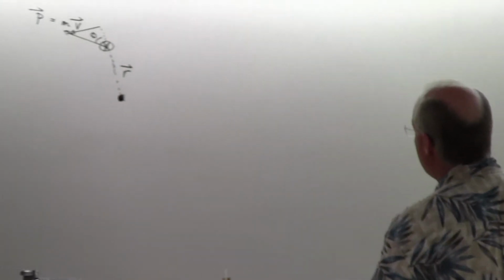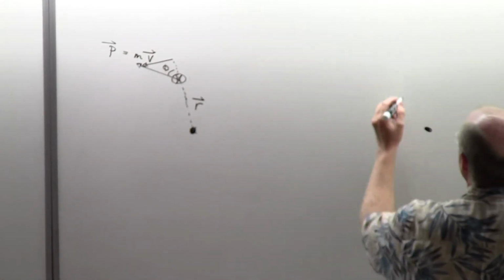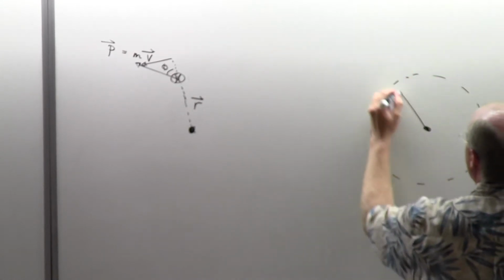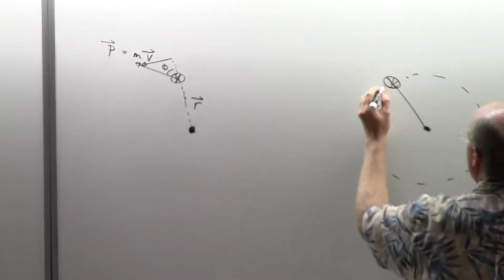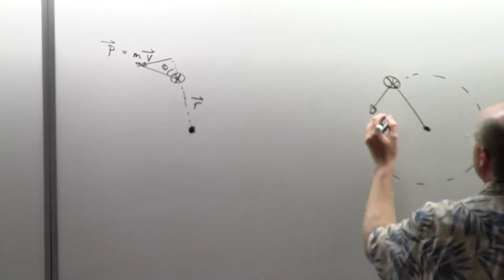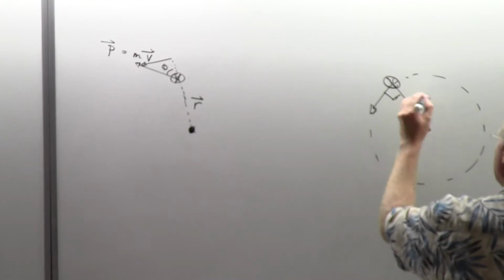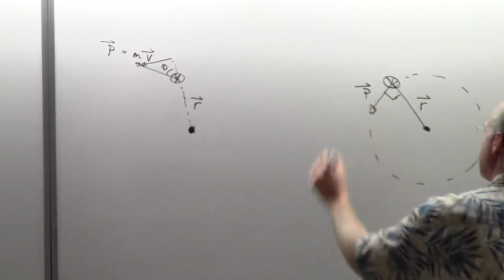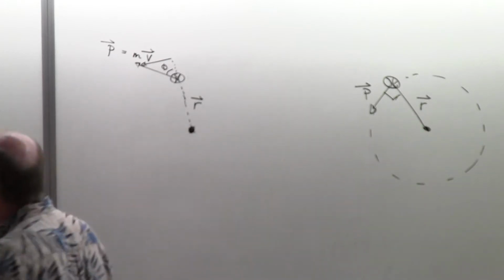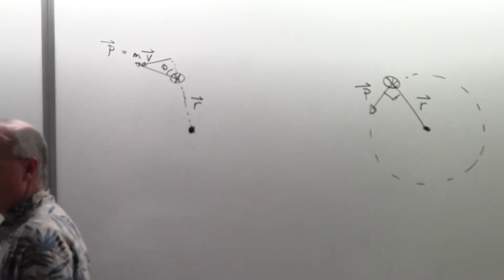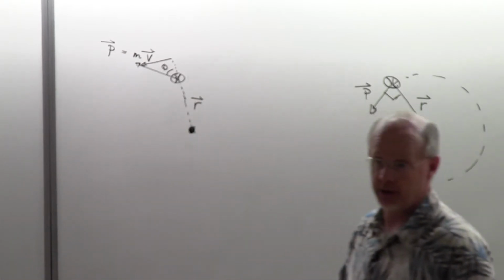In other words, if this was going in a circle, then this being r and this being the momentum, the angular momentum is exactly that. It is the r, how far away is it, and how much of the momentum is perpendicular to r.